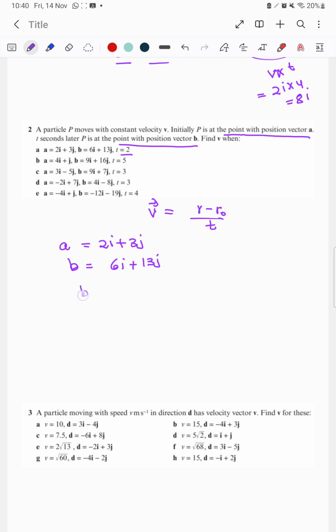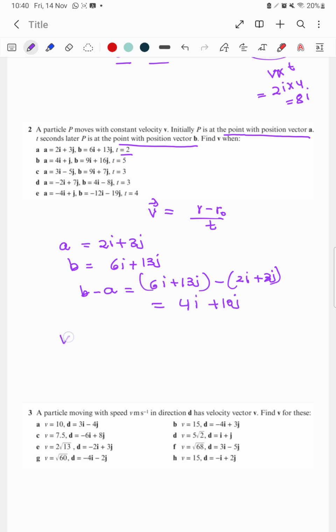To find the displacement, it is the final position minus the initial position: 6i plus 13j, take away the initial position 2i plus 3j, which gives 4i plus 10j.